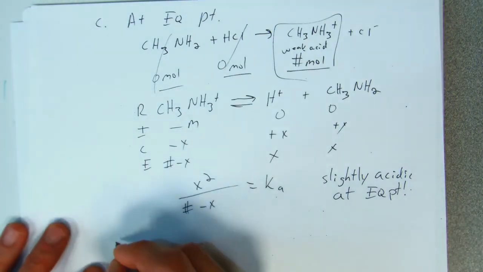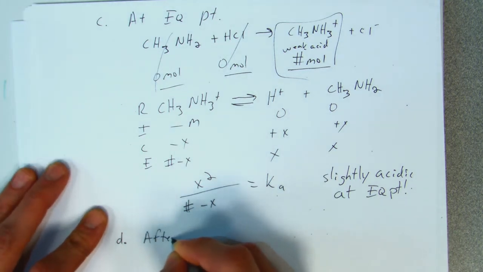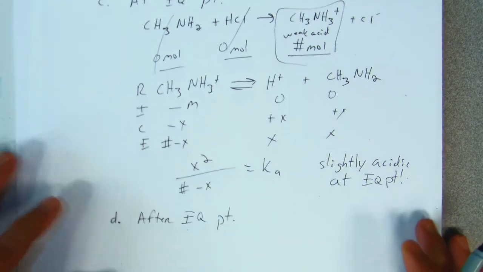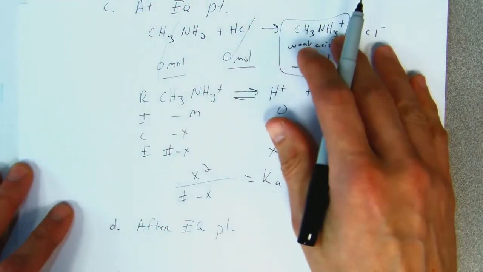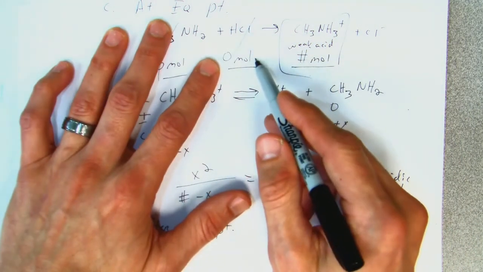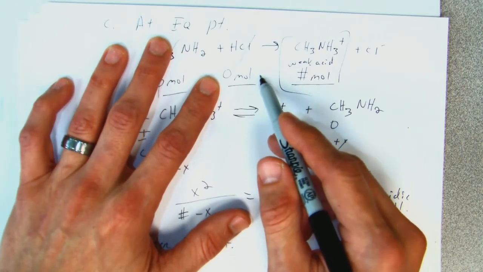And then lastly, after the equivalence point, what's going to be the case there? Well, after the equivalence point, I would do my analysis, and I would find that I have a non-zero number of moles of HCl, because if I'm past equivalence, I'm going to have some of this remaining. Guess what?